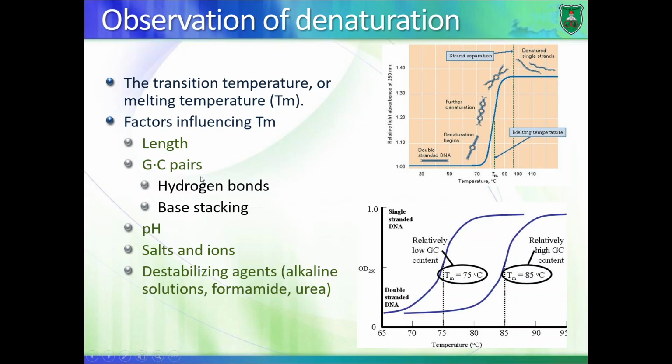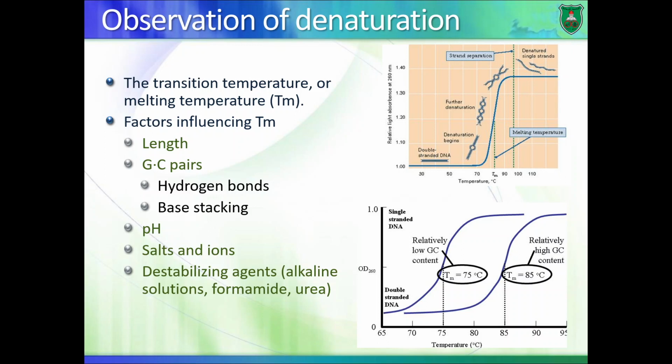Okay, there are other factors that influence the melting temperature, and these include pH. If you go to the extremes of pH, to very low pH values, or if you place DNA in high, alkaline pH, that also disrupts hydrogen bonding.